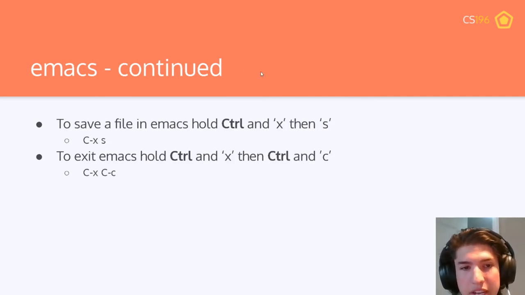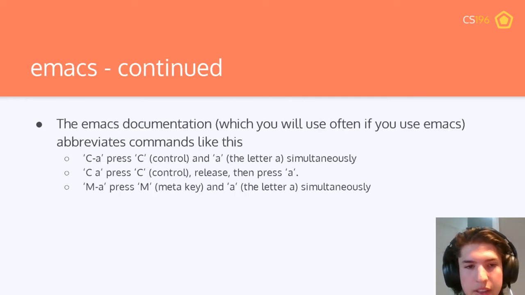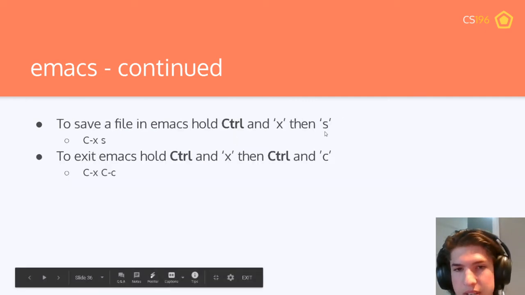So let's talk about saving and exiting files. This is kind of the most agreed upon way to save and exit files, C-X S and C-X C-C. So can anyone tell me what C-X S would do?